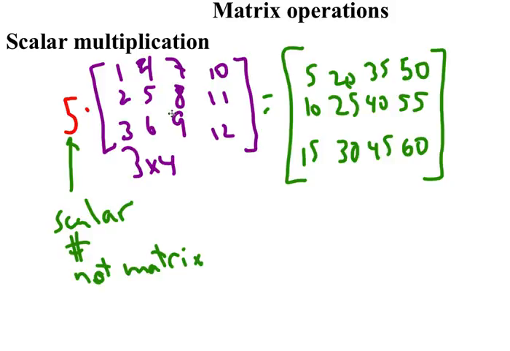So that is scalar multiplication. If you choose to, you can multiply by negative numbers because those are numbers also. All it does is change the sign of whatever the appropriate entries are. We'll talk about multiplication in a separate video. It's kind of complicated.